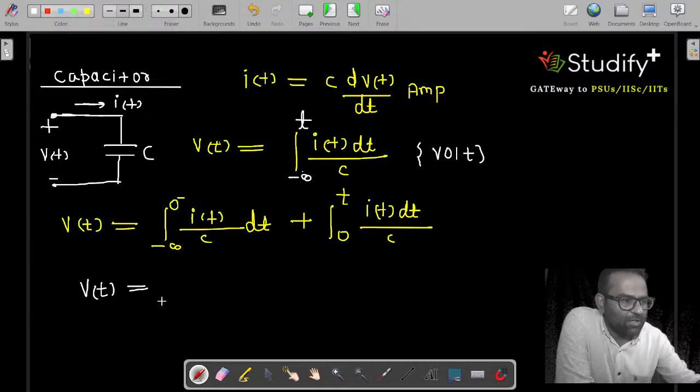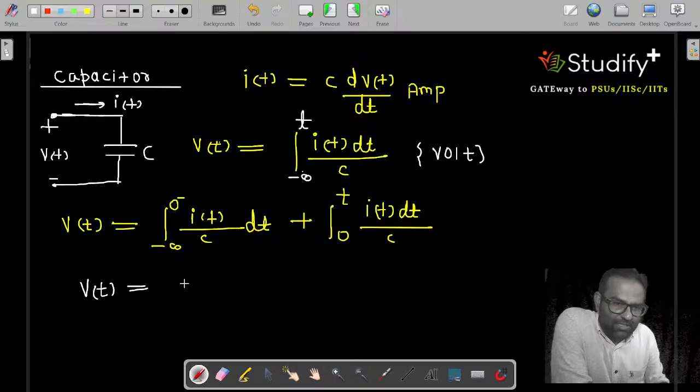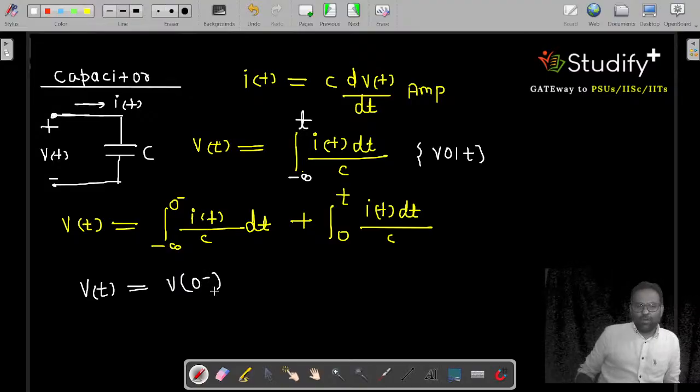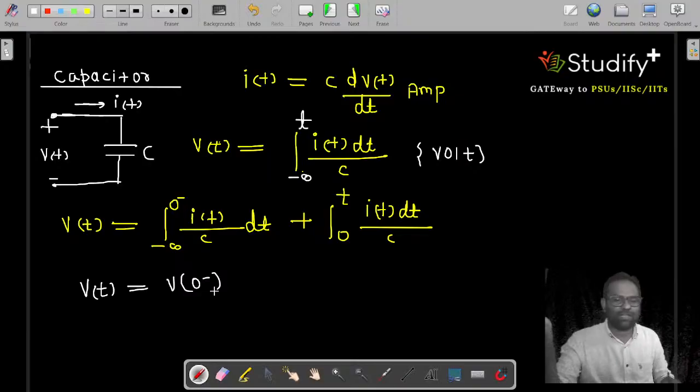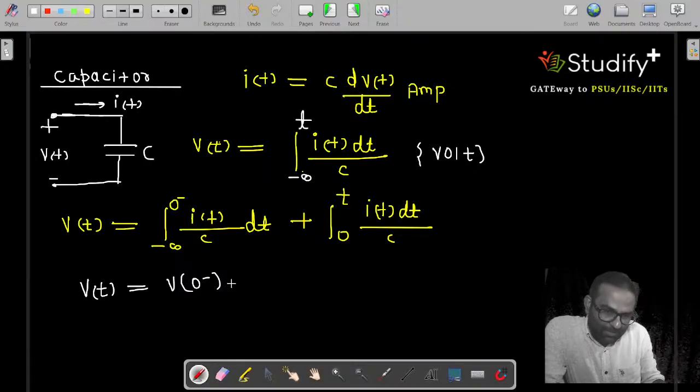Minus infinity to 0 minus is again the energy stored, or the voltage. We are calling this voltage as V minus. In all physical components, the available components, the initial condition does not vary with time. It happens only in mathematics. And here we are having 1 by C, integral 0 to t, IT dt.